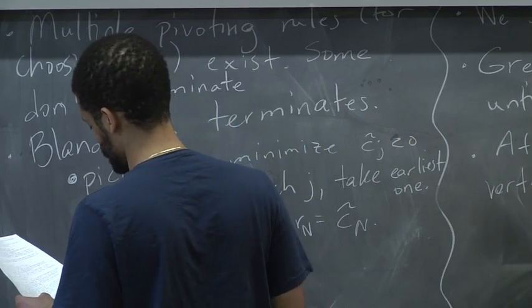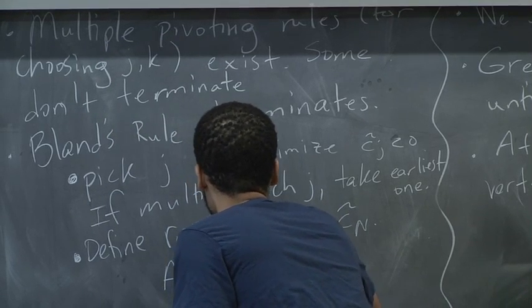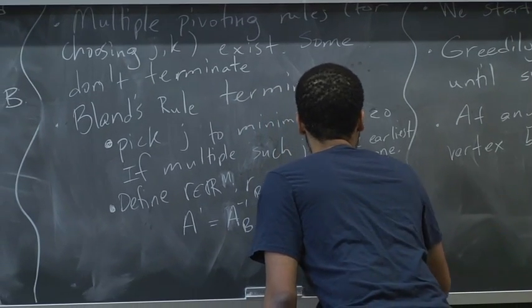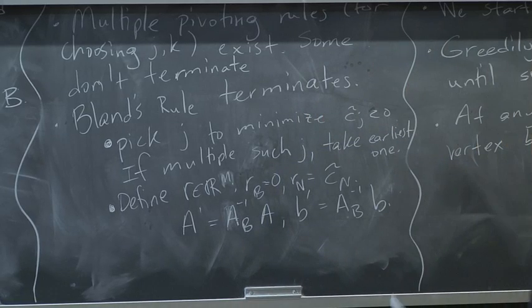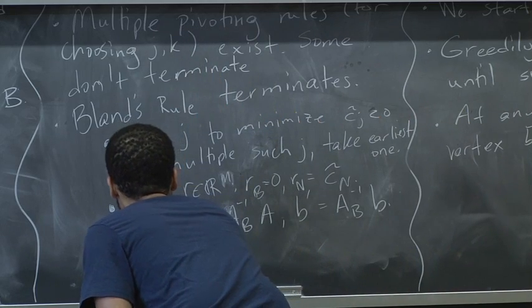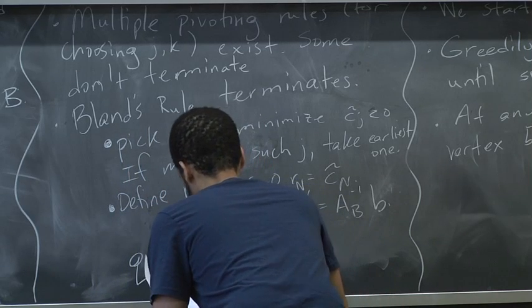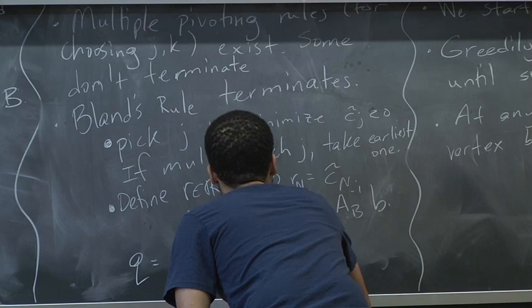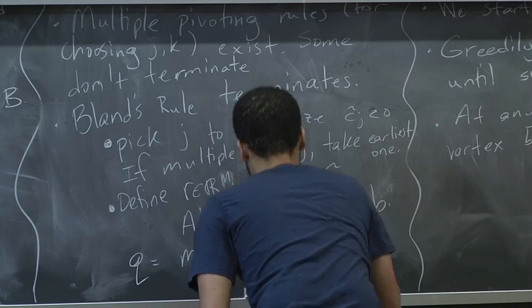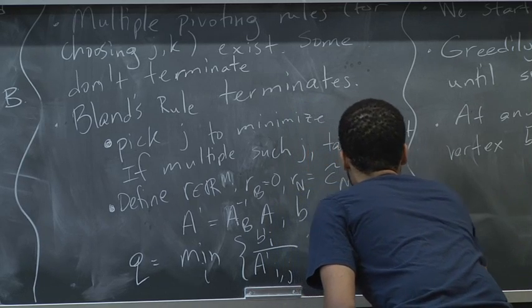And define A prime to be AB inverse times A and B prime to be AB inverse times B. And define Q to be the min over all i of B prime i over A prime ij, such that A prime ij is positive.